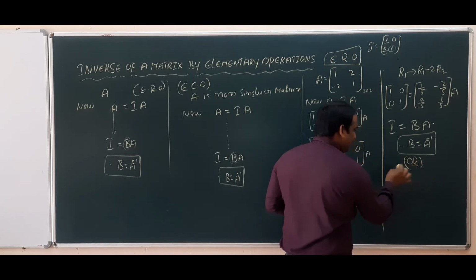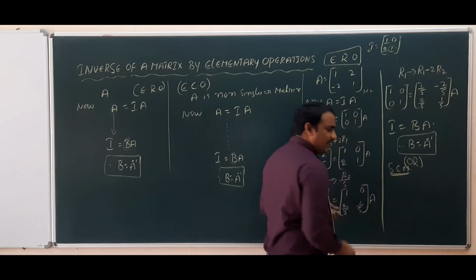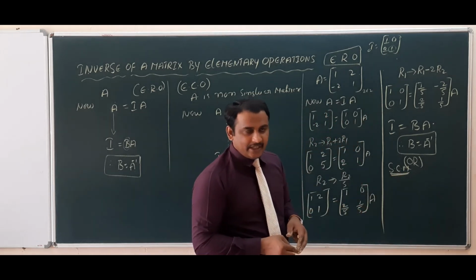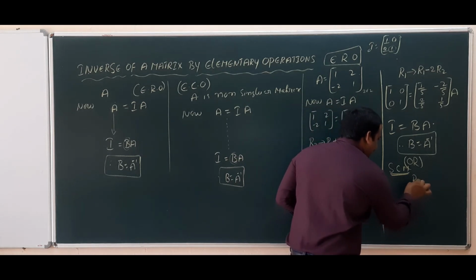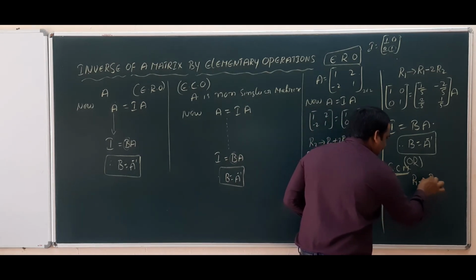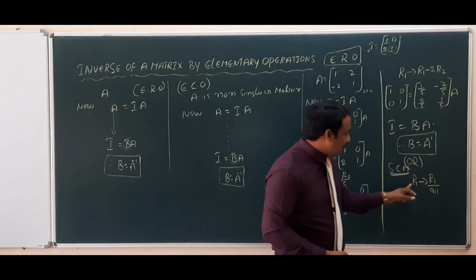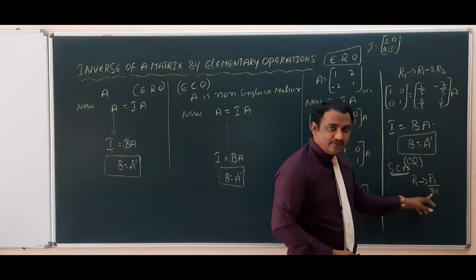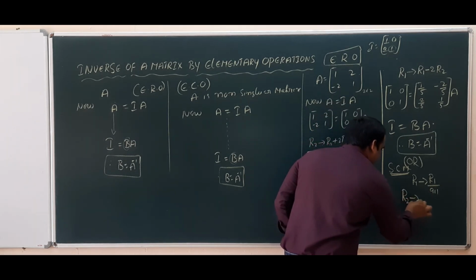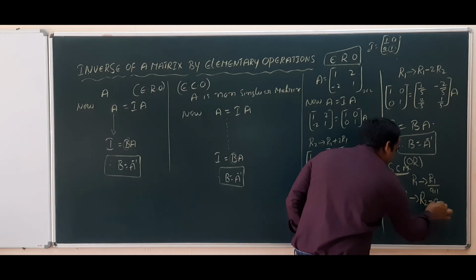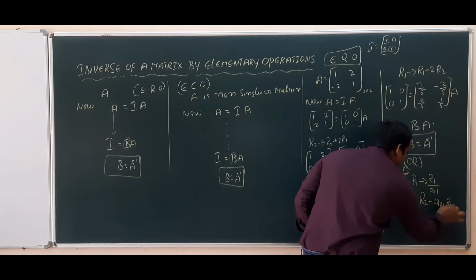If you are getting any confusion, I will tell you one shortcut method. You can use it for any 2 by 2 matrix problem. You will get 4 steps. Step 1: R1 implies R1 by A11, first row by the A11 element. Step 2: R2 implies R2 minus A21 R1.